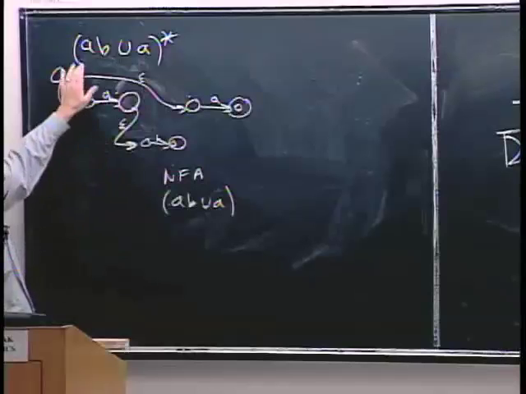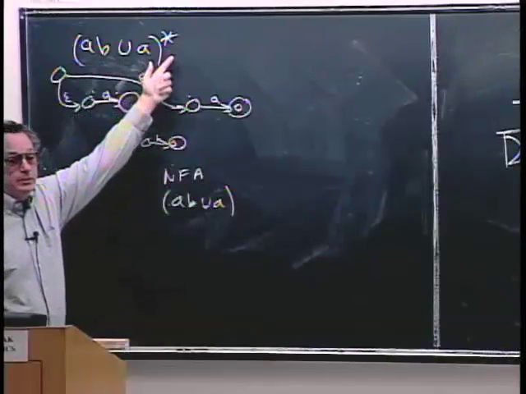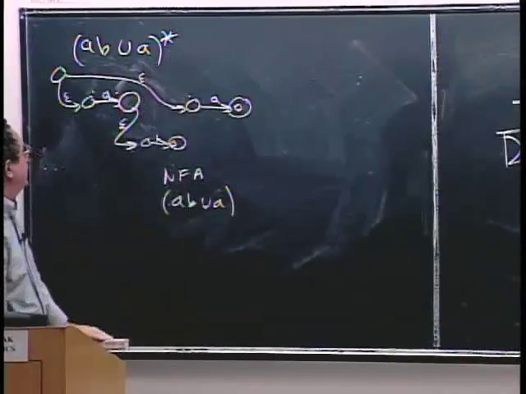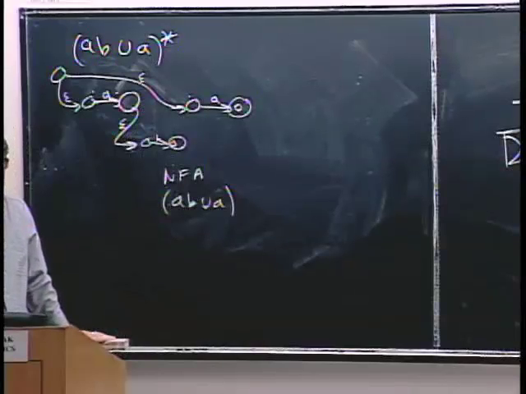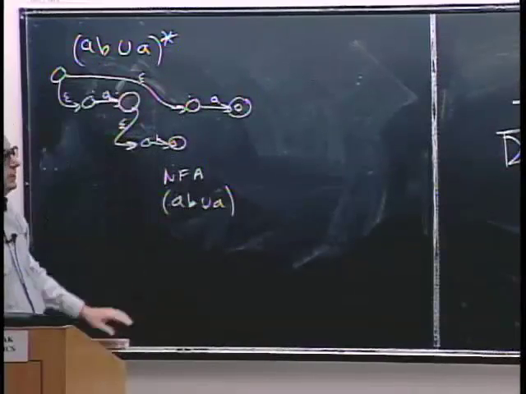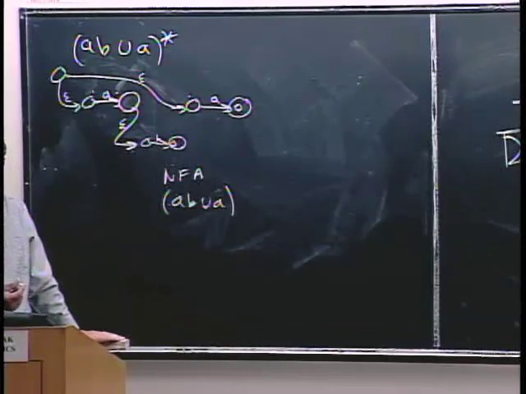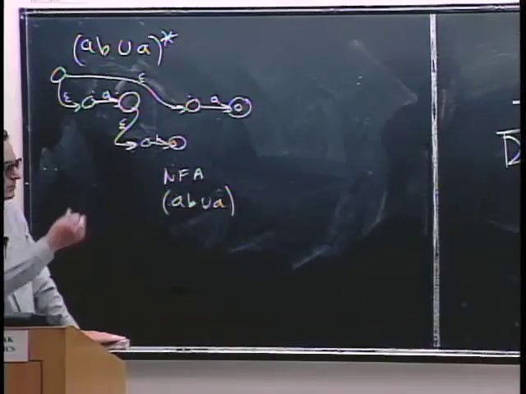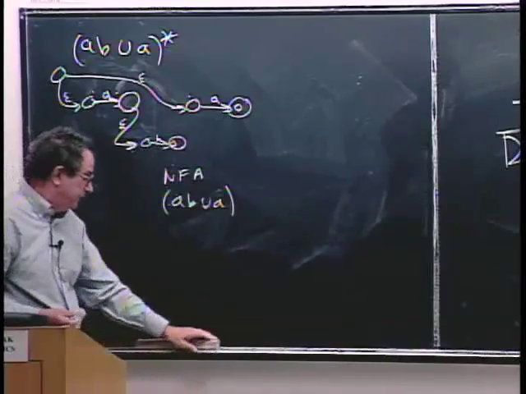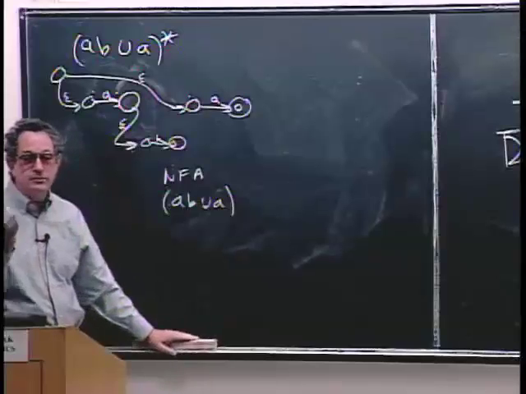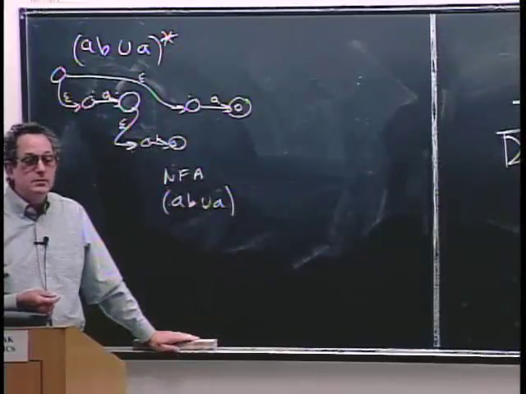We have the regular expression for this part. Now we're doing a star. So what's the NFA for that whole regular expression? Well, we remember what the NFA rules were for implementing a star, and that's the one rule back there that I said you have to remind yourself of. And what is it? Just have the accept state go back to the start state?